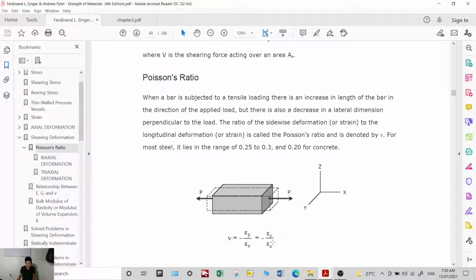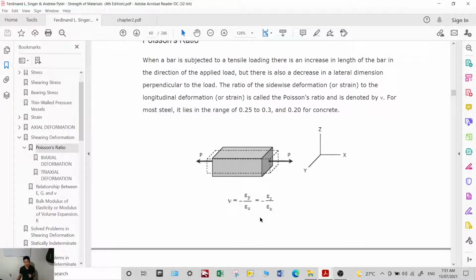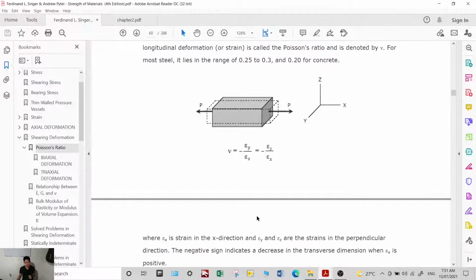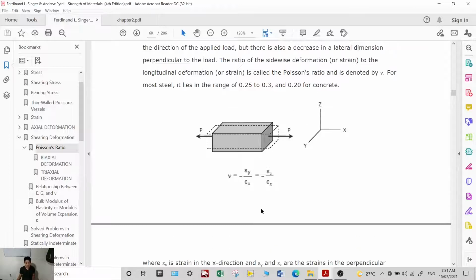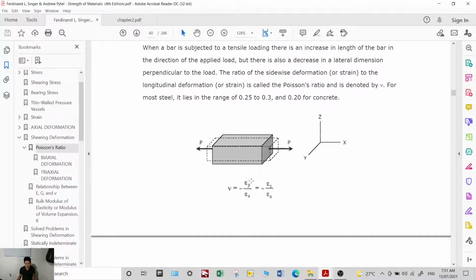This ratio states that the strain in the y divided by the strain in the x is also equal to the strain experienced in the z direction divided by the strain in the x direction. The negative sign denotes that the length of your material decreases. Okay?